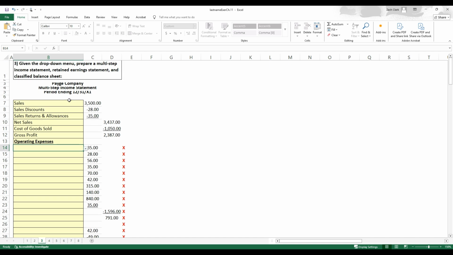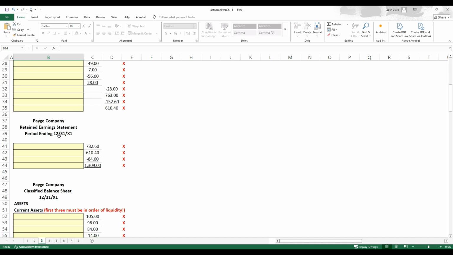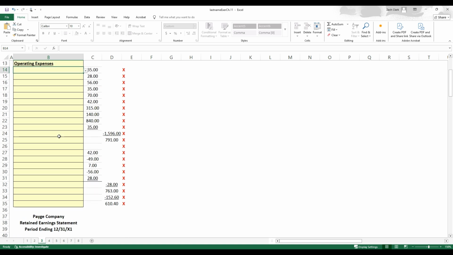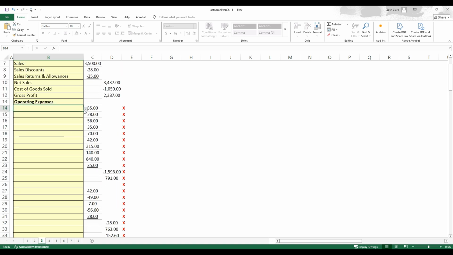I don't think these have to be in any specific order, but let's look through. I guess it doesn't really matter which accounts you choose, as long as you pick the right ones that would fall into that category.